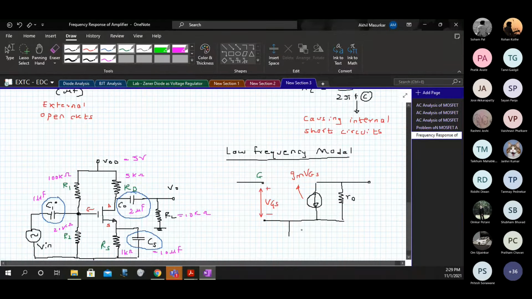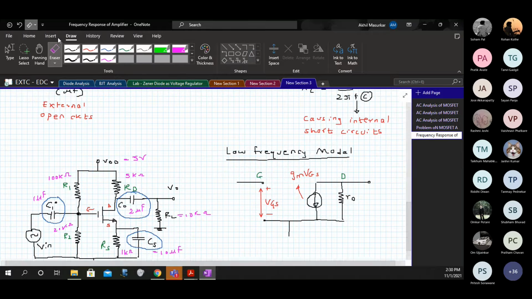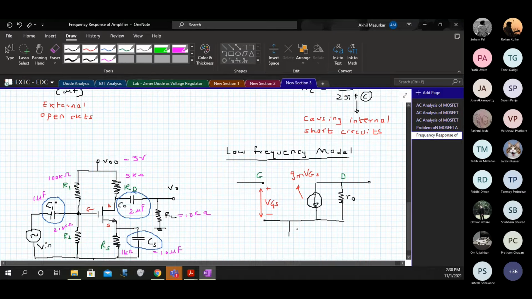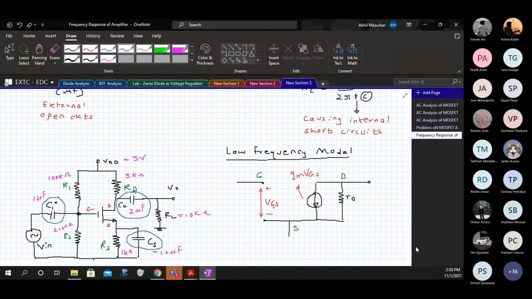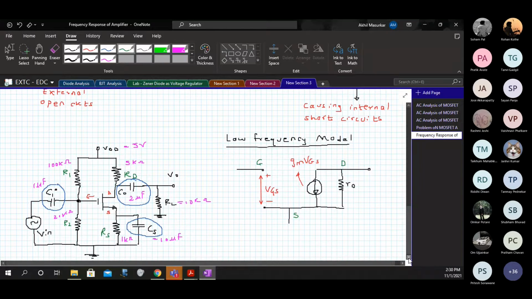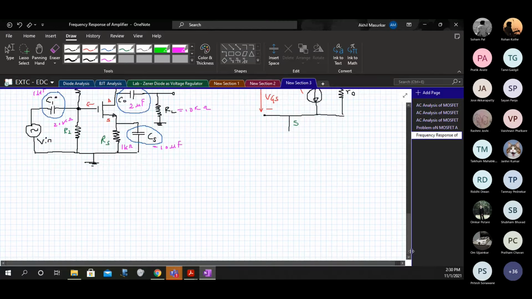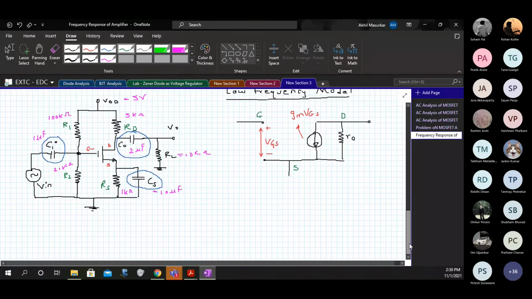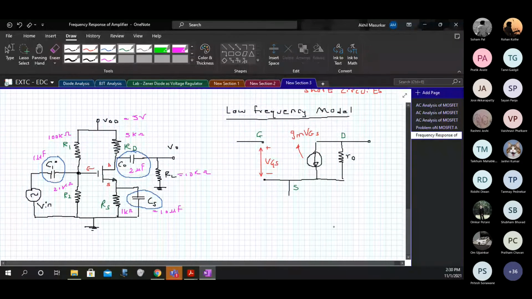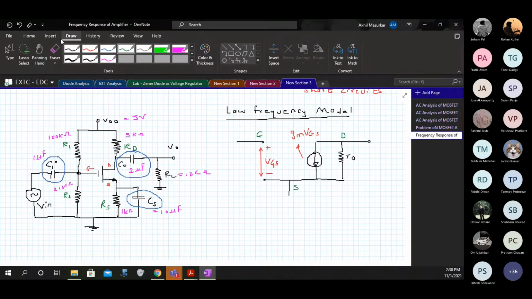This is your gate, drain, and this thing is the source. So this is your low frequency model. So what is the change in the high frequency model? What is the change? So the change is like this.